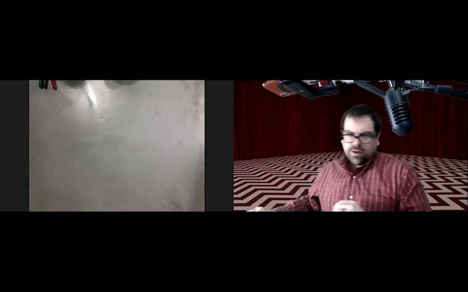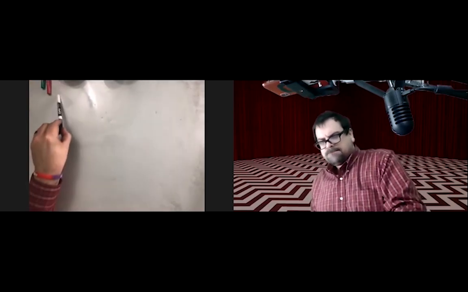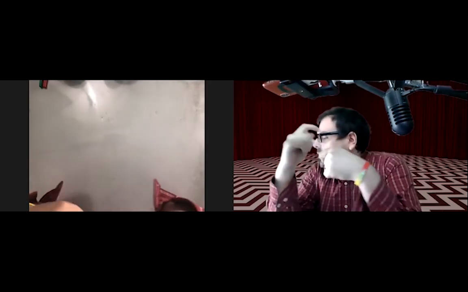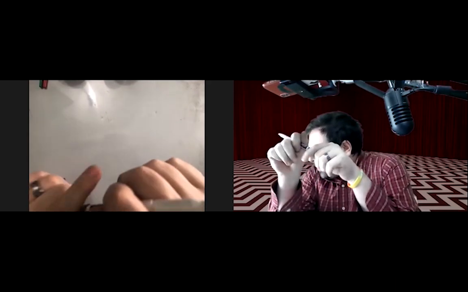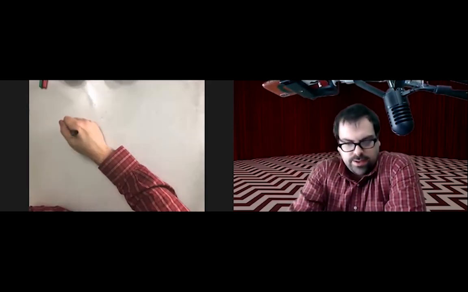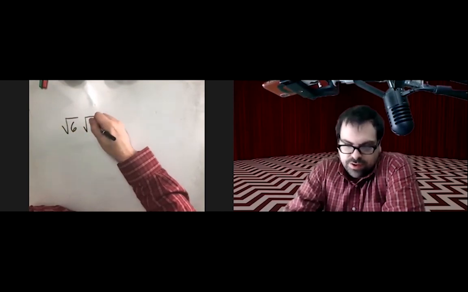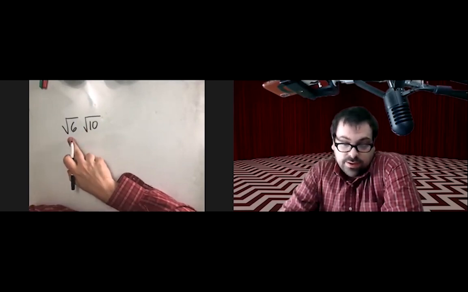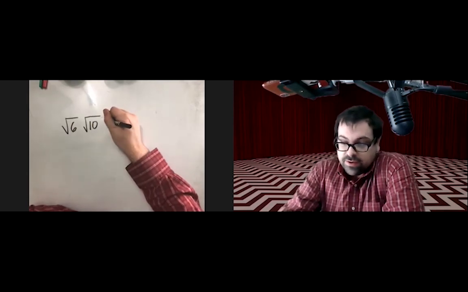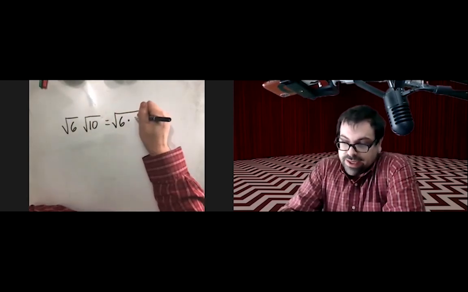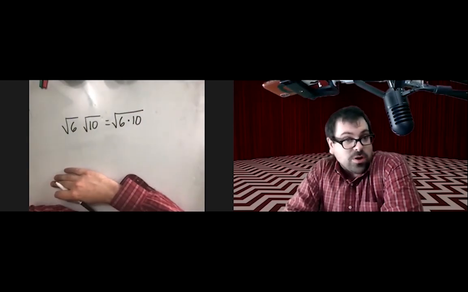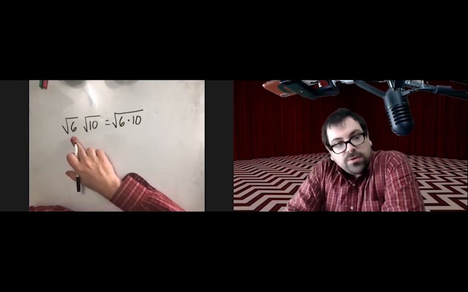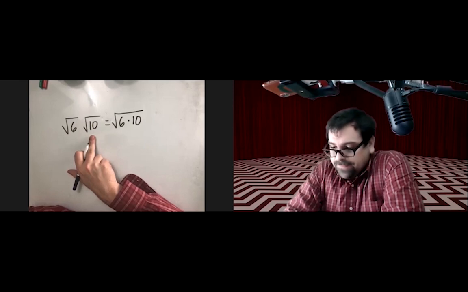So as we move into the next section, we're going to move from adding and subtracting the radicals to multiplying. And as kind of a refresher, the product property, the property that says if we're multiplying two radicals together, we can multiply underneath. That's what's always at play. So we can't simplify radical 6 and we can't simplify radical 10.